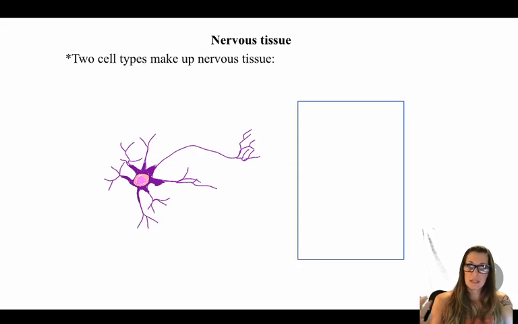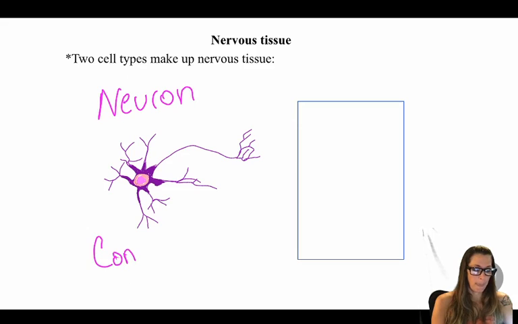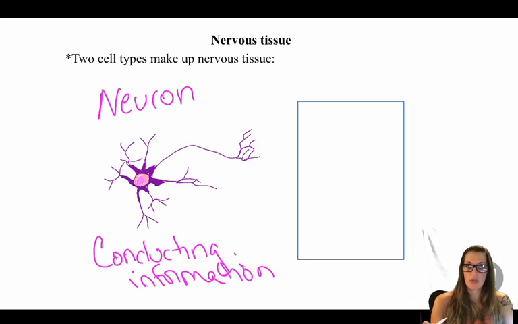There are 2 cell types that make up nervous tissue, as I mentioned before. The one that you are likely most familiar with is the neuron. And the neuron is the one that's actually conducting information throughout the body, and you've probably seen images of neurons before.